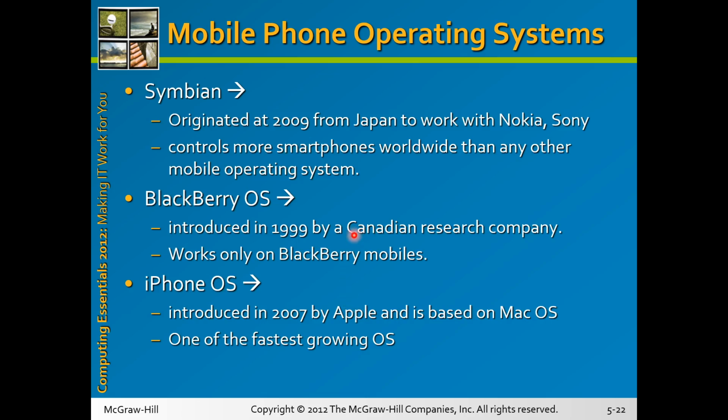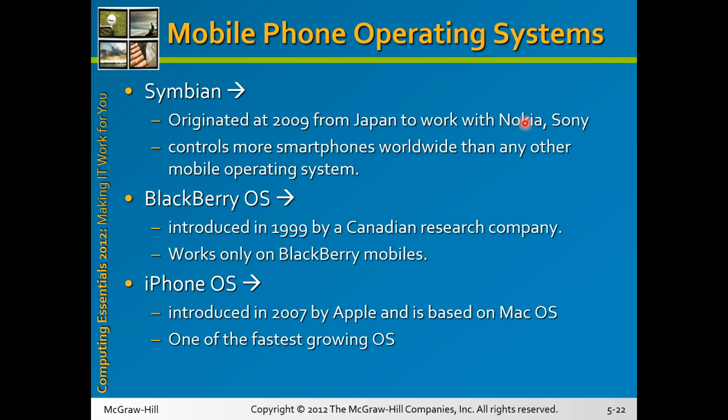Well, Symbian originated in 2010, of course, in Japan. Mainly it was used in Nokia, and I believe Nokia has been so robust in using Symbian for the reason that this operating system happened to be the most robust operating system that has ever been designed for mobile systems.